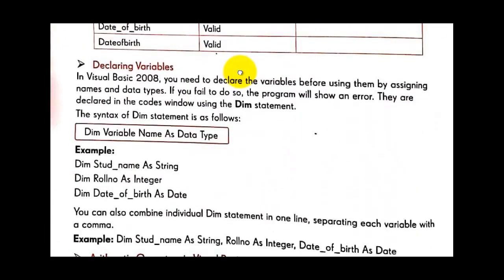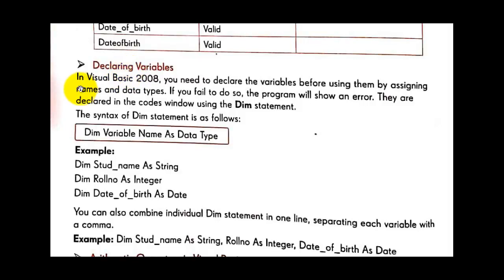Then after this, declaring variables. Now we know how to name a variable, what a variable is, and what it can hold. The next topic is declaring variables. How can we declare variables? As I told you at the start of the chapter, we have to declare variables using a Dim statement.